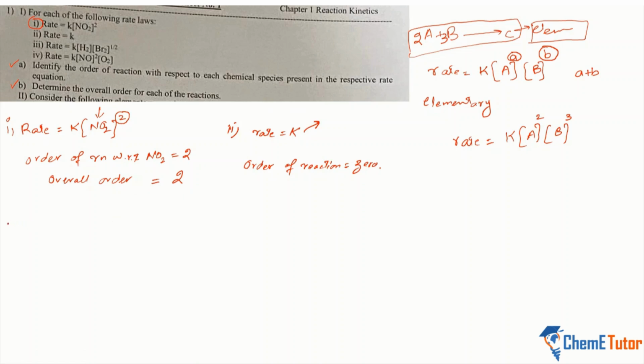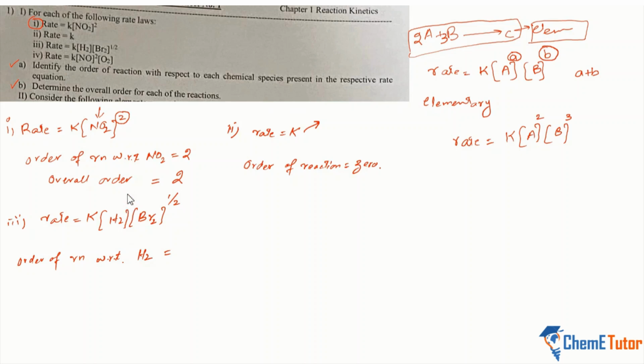For the third part, in which rate is equal to k H2 Br2 to the power 1 by 2, there are two species. So what is the power of H2?